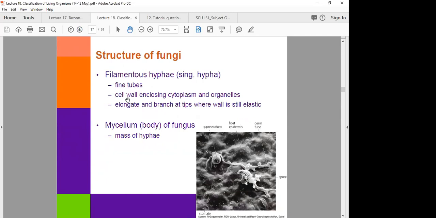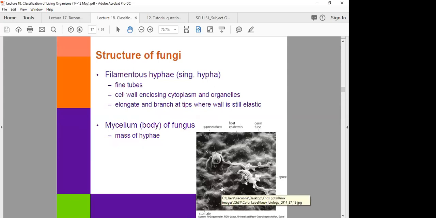The outer cell wall encloses the plasma membrane, which in turn encloses the cytosol and all the organelles found within the cytosol, including the nucleus and the endoplasmic reticulum and all the other organelles that you would normally find within animal cells, for example. These filamentous hyphae elongate and branch at the very tips where the wall is still forming. So it's still quite flexible at the end of each hypha.